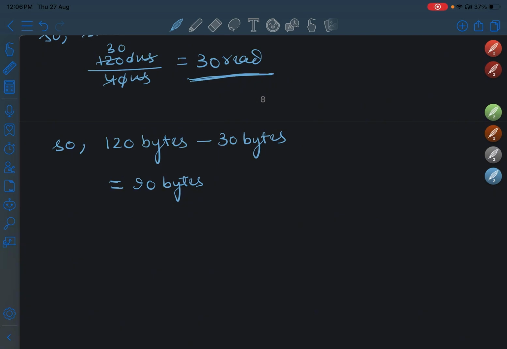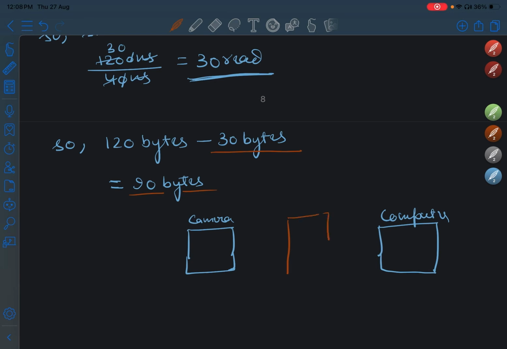Okay, so it means there's a camera and there's a computer. Here we require a FIFO depth of 90, from 0, 1, 2 till 89, 90 depth.